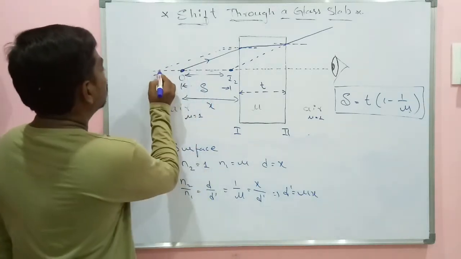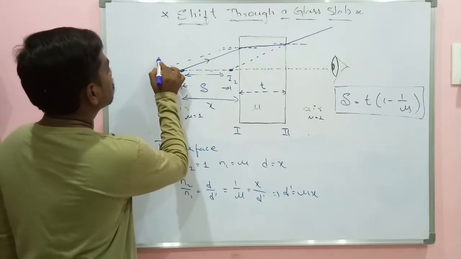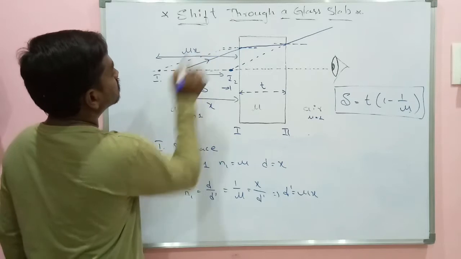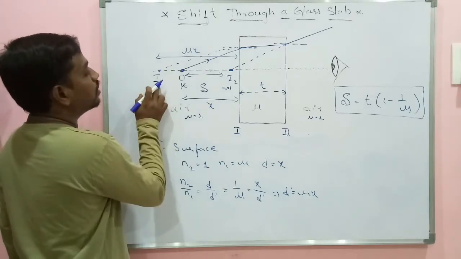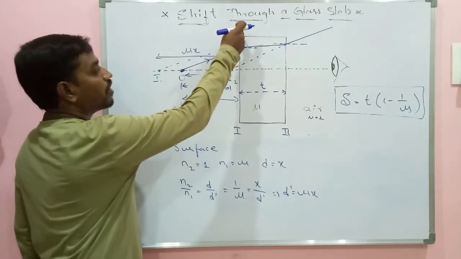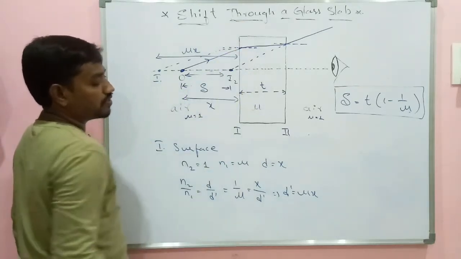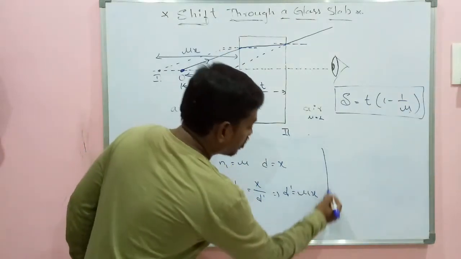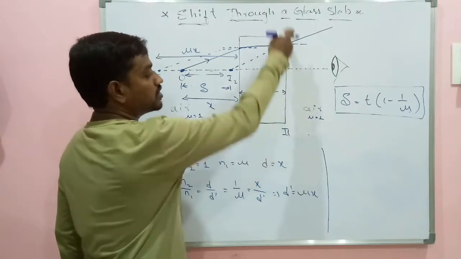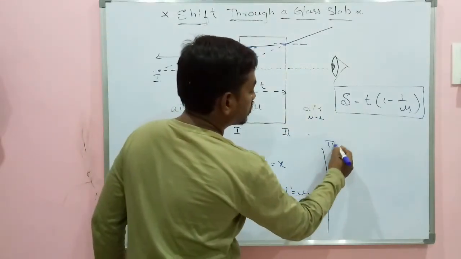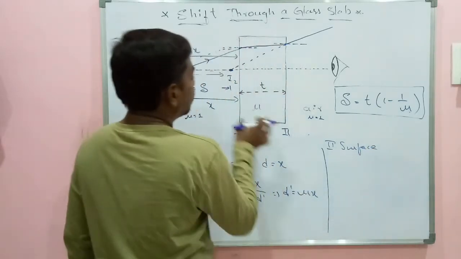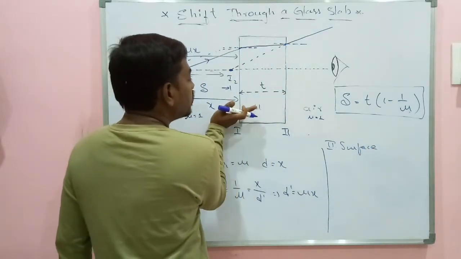That is, let this distance be mu x. Let this be I1. I1 is nothing but the first image due to the refraction at the first surface. Now this I1 will serve as a virtual object for your second surface. So refraction at second surface. Light is passing from denser to rarer.